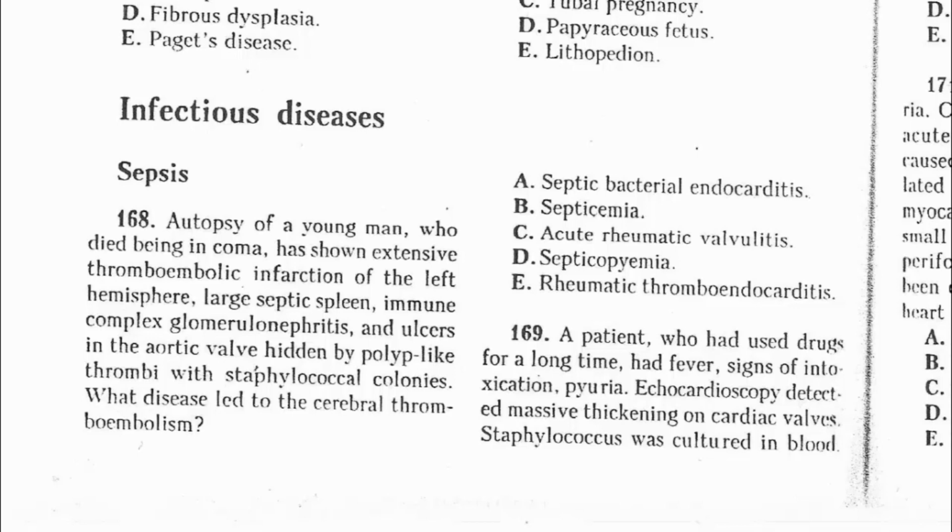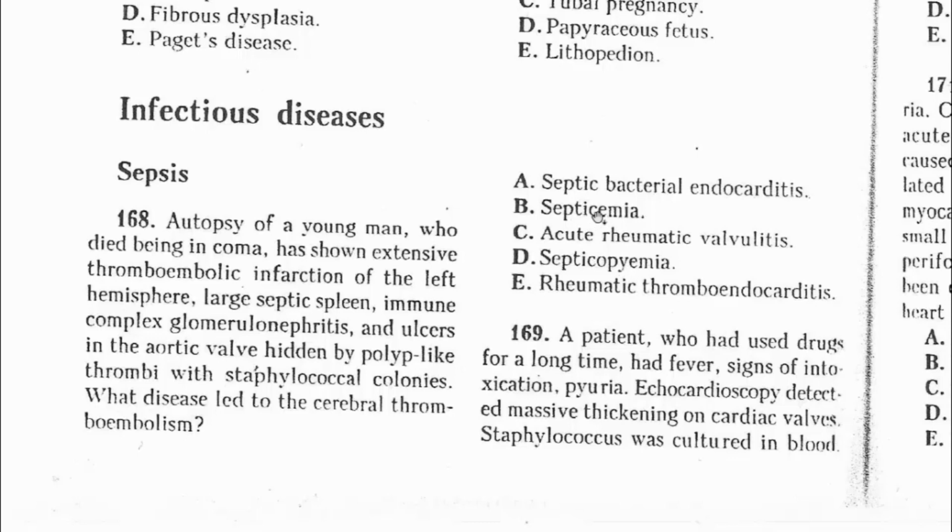However, according to the clinical morphological forms of sepsis, we have septicemia, septicopyemia, septic endocarditis or septic bacterial endocarditis, and chronic septicemia. Already you know what septicopyemia is. So what then is septicemia?